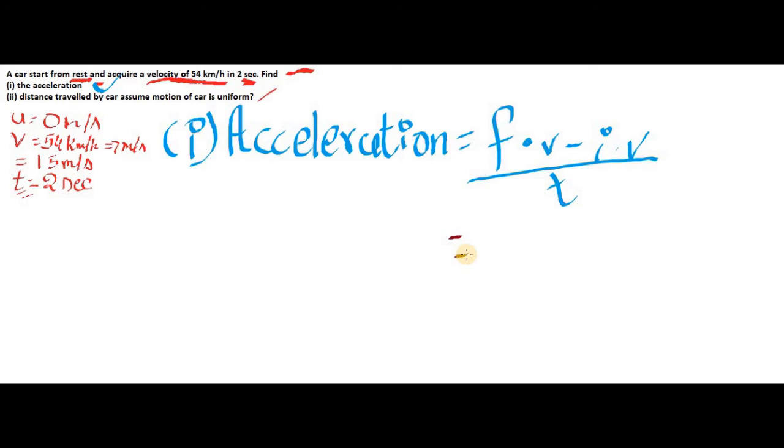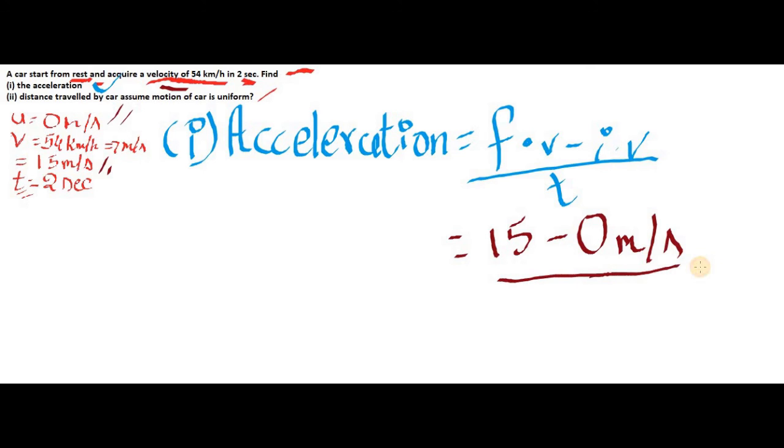The final velocity that we have here is what? The V. That is, what we converted, 15 meter per second, minus the initial velocity U that we got, which is 0 meter per second, so 15. Here also I am writing the units so that you won't forget. The time that is given to us is 2.